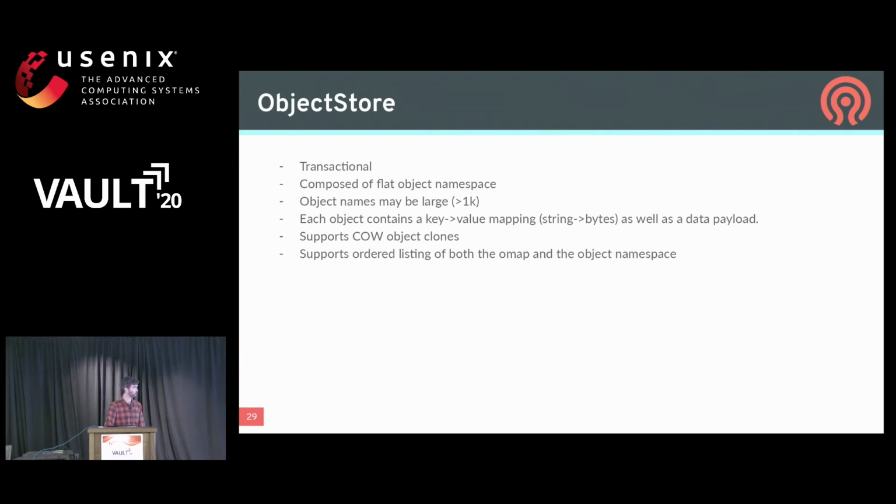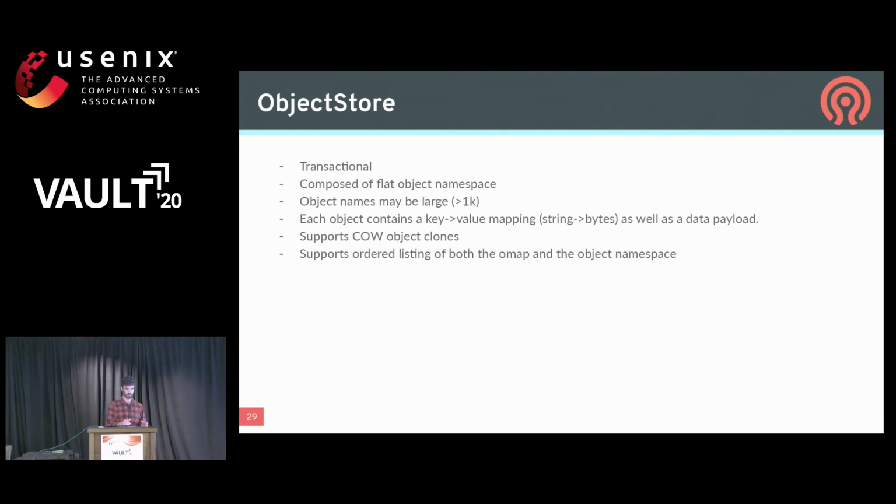So the object store supports the sort of big flat namespace of objects that are keyed by user controllable names. So the names can be somewhat large. They aren't just like integers, which complicates matters somewhat. Particularly for RGW, the object names themselves are derived from the S3 object names, which can be big. Each object contains two big categories. It's got this sort of key value mapping, which is used primarily for RGW bucket indexes.